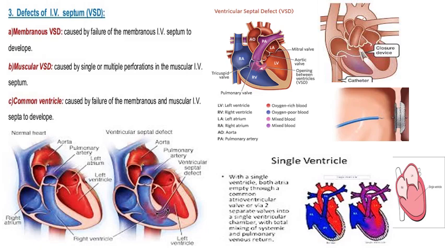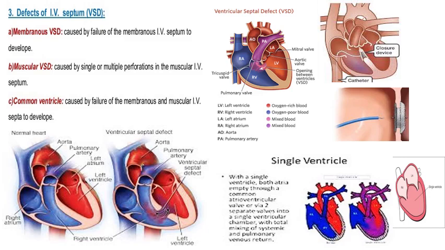There can be a common ventricle, like a common atrium, which is also called trilocular biatrial. So you have two atria here but a common ventricle, so there are three chambers. If there is a single atrium with two ventricles, it is called trilocular biventricular.